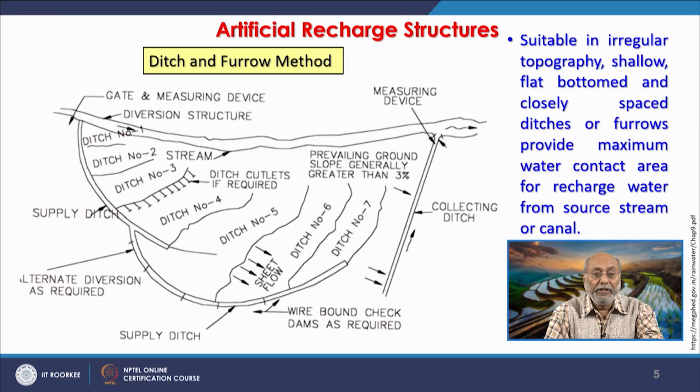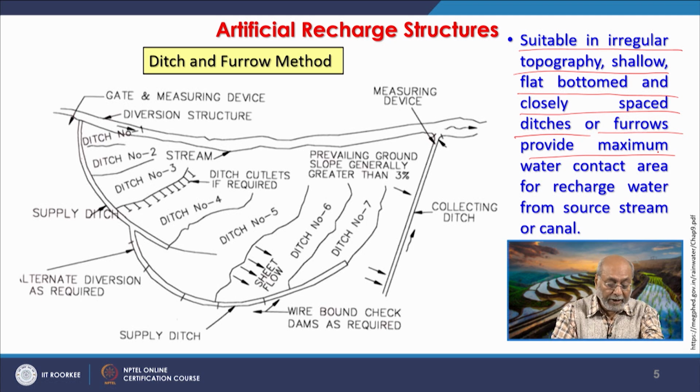If the area is not flat, if there are some slopes, gentle or whatever, or you are having an irregular topography, which is a shallow flat bottom, then closely spaced ditches or furrows can provide maximum water contact.